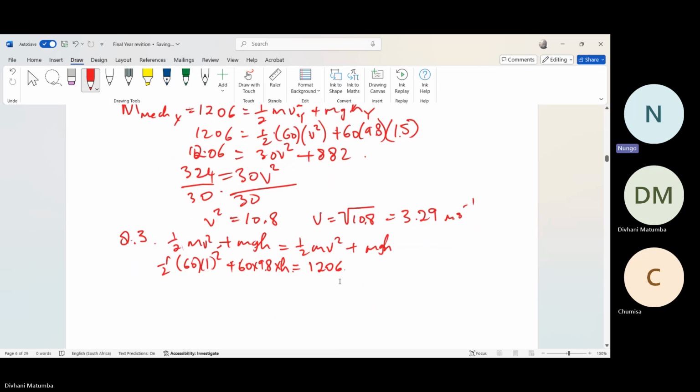Then this will be 30 plus 588 h. 30 plus 588 h is equal to 1,206.